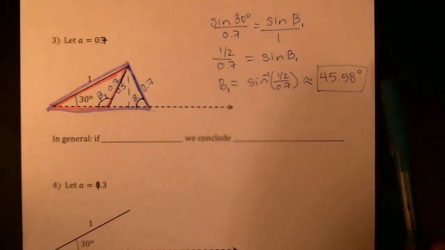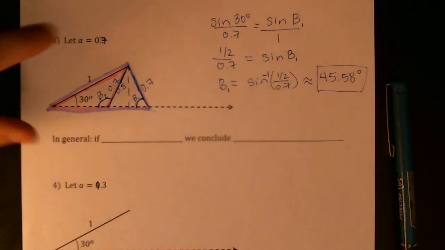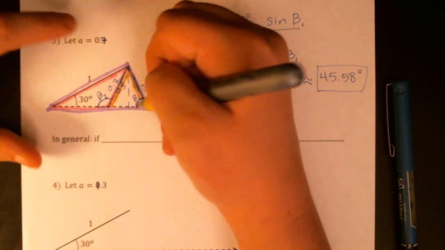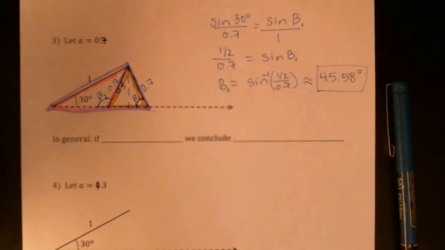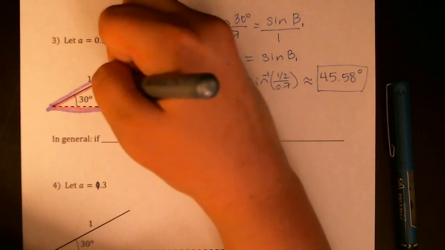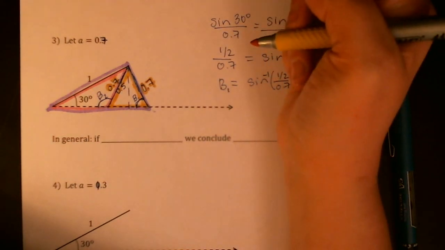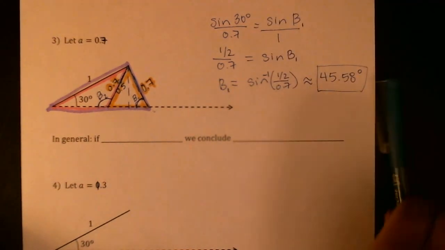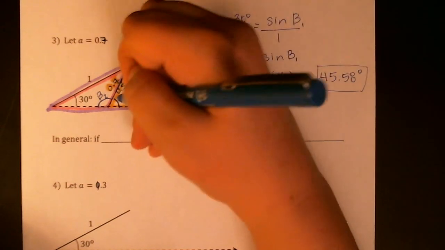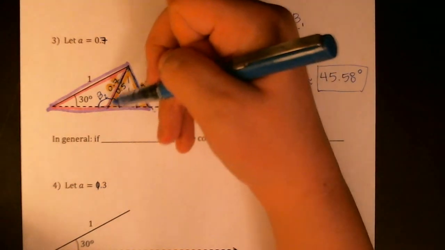If you're paying careful attention to this picture, there are two triangles that fit this information, but there's also a third triangle that I can use, even though it's not one that fits the description in the problem. There's this little triangle in here that has side lengths 0.7 and 0.7. What's special about this triangle is that it's an isosceles triangle. So if this angle over here is B1, then this angle over here is also B1. So we have this really nice symmetry, and that happens because both of these side lengths are 0.7.